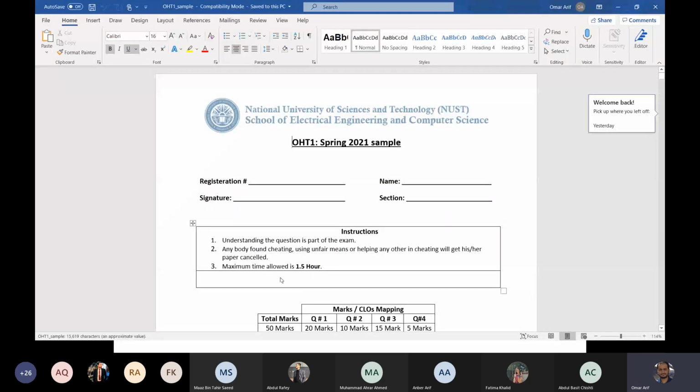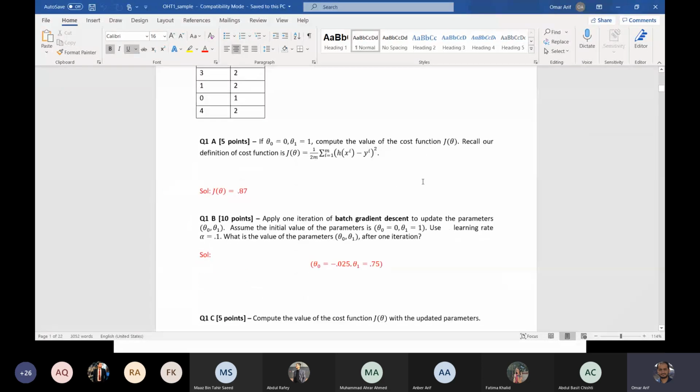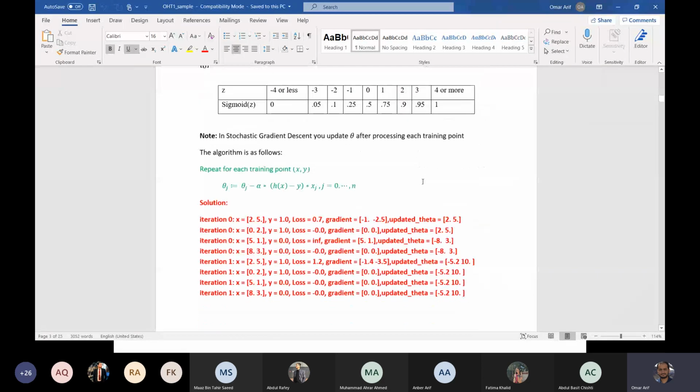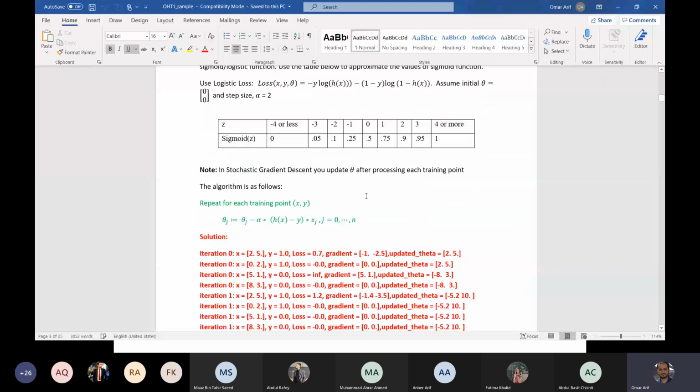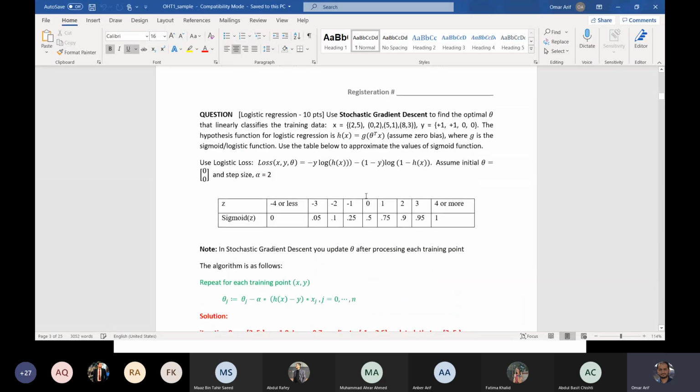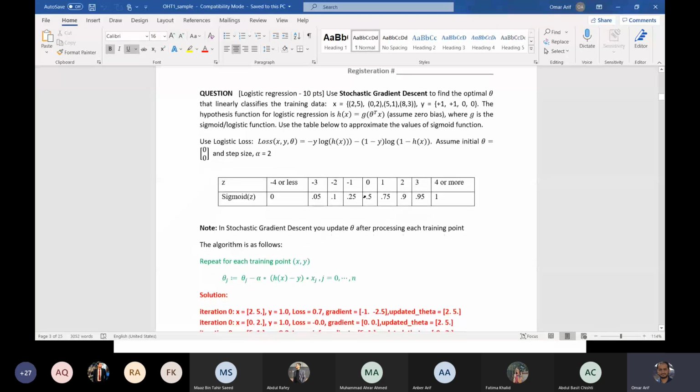I am interested in the working, not only the solution. So you have to show me the complete working of this question, not just the solution, because the solution is there. Okay, so this is the question.